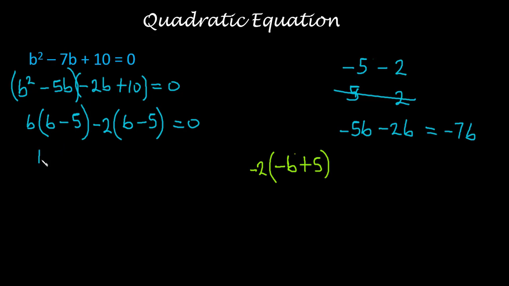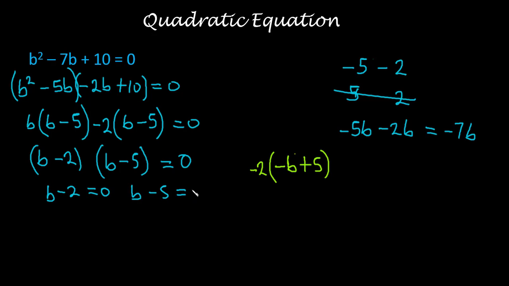So we have b minus 2, then b minus 5, everything equal to 0. So b minus 2 is equal to 0, b minus 5 is equal to 0. So b is equal to 2, b is equal to 5. We can say b is equal to 2 or 5, and these are the roots of this equation.